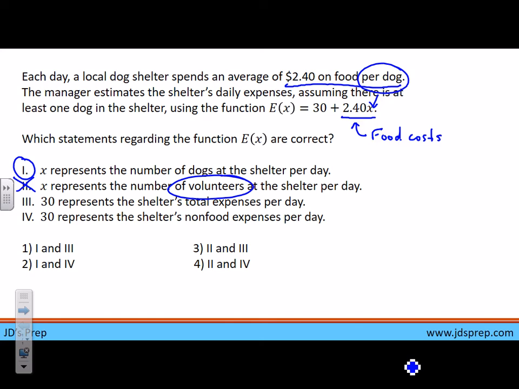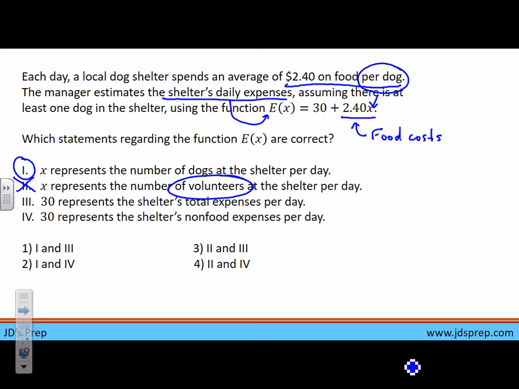With the function being described to us, the e of x, we are told that the manager is estimating the shelter's daily expenses with that function, e of x. So the function itself, as a whole, the entire 30 plus 2.40 times x, that whole function is representing the total daily expenses for the shelter.